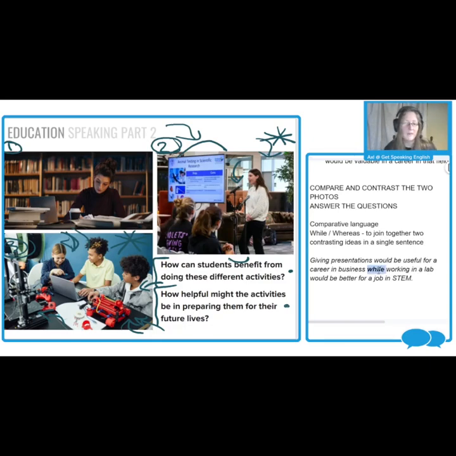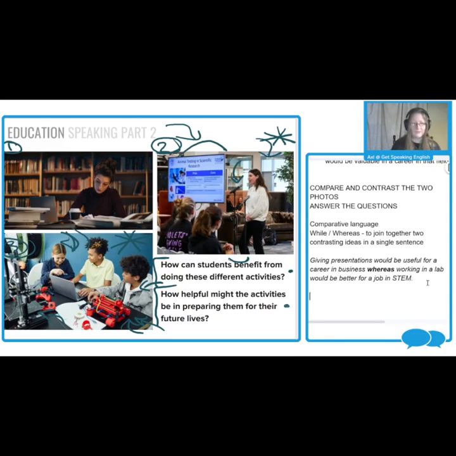While working in a lab would be a lot better for a job in STEM. So there we have two different ideas. We've put them all together into one sentence using while. And in the same way we could also use whereas. It doesn't really change the meaning of the phrase at all. But yeah, we could use this to put two ideas together in a single sentence.